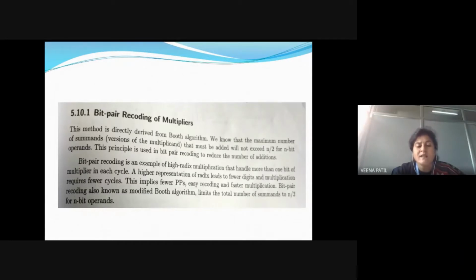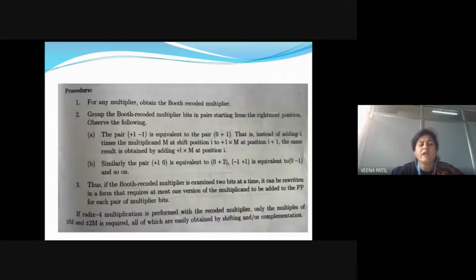This implies fewer partial products, easy recording, and fast multiplication. Bit pair recording is also known as the modified Booth algorithm. It limits the total number of summands to n by 2 for n bit operands, so the number of summands will be reduced here. So let's see what is the procedure.